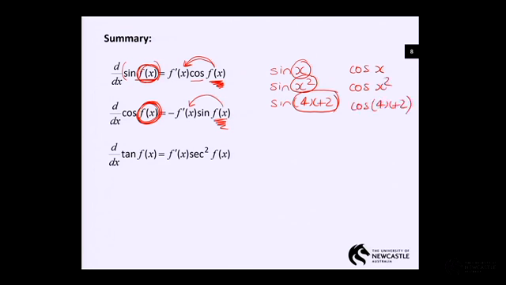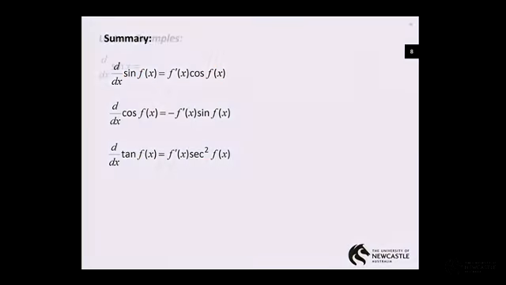That's how they're going to try to make your life harder. And the same with the bottom one. Highlight this function here, and it's a sec squared, so it's quite different to the others. Again, you're looking for the function, and then you multiply by its derivative. Now, you've got a whole page of examples to go.